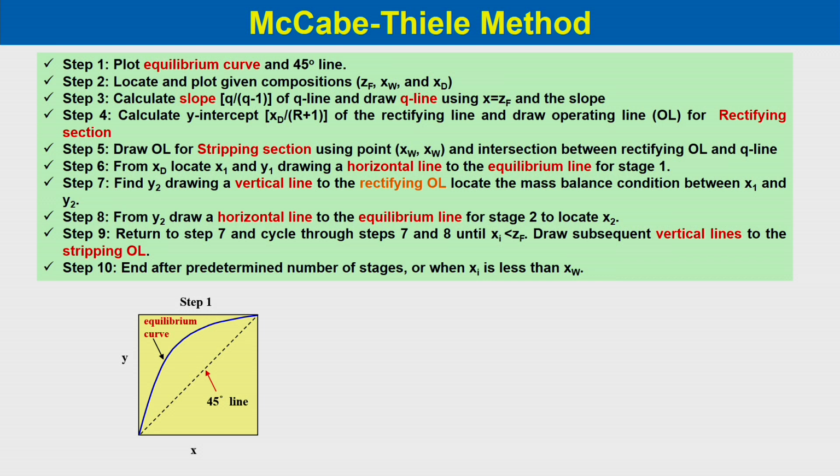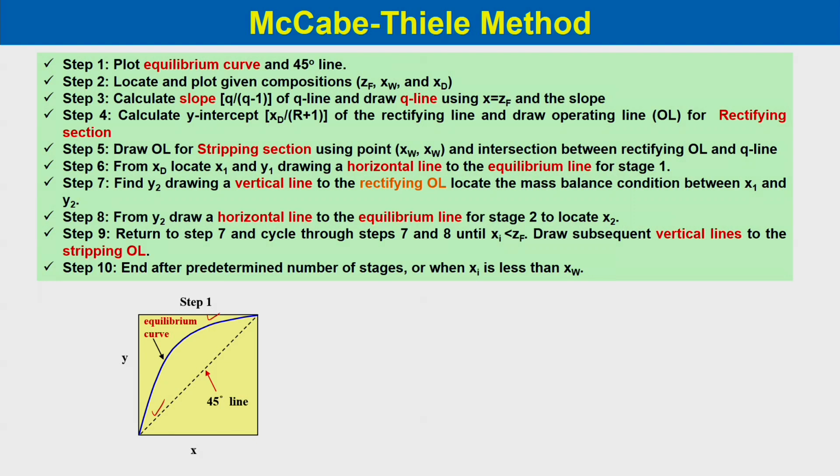In the first step, plot the equilibrium curve and the 45-degree line. So, this is the equilibrium curve and this is the 45-degree diagonal. In the second step, locate and plot the given compositions, that is ZF, XW and XD.